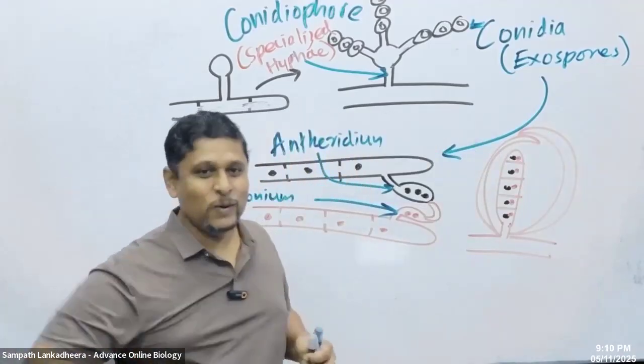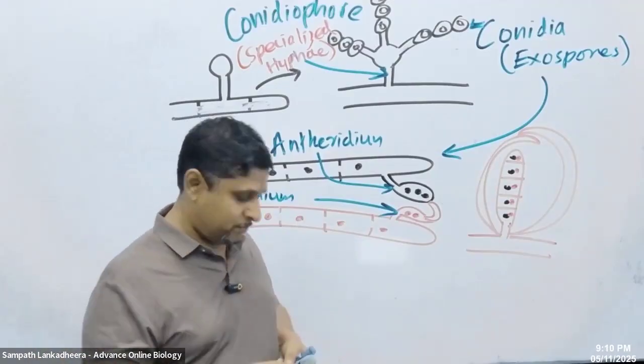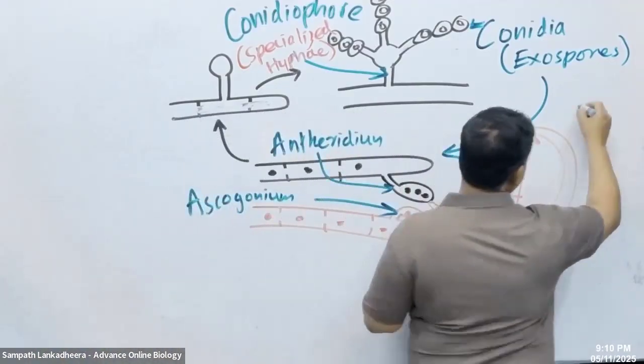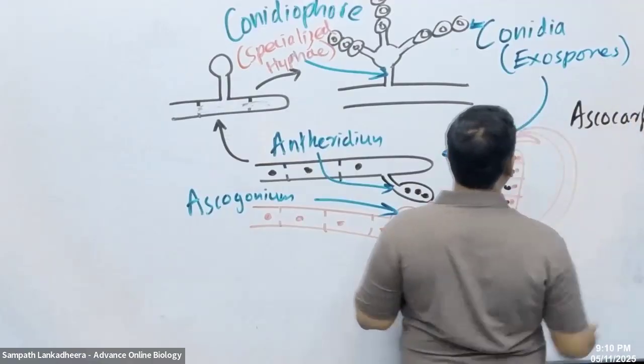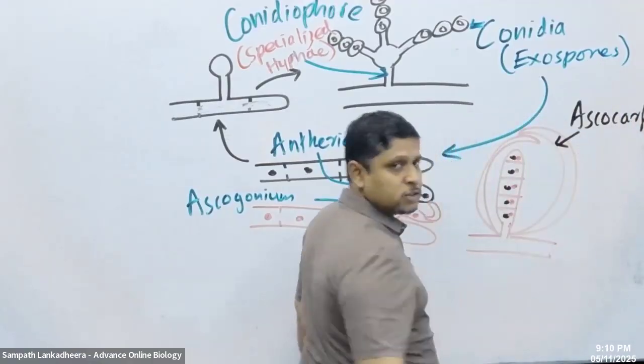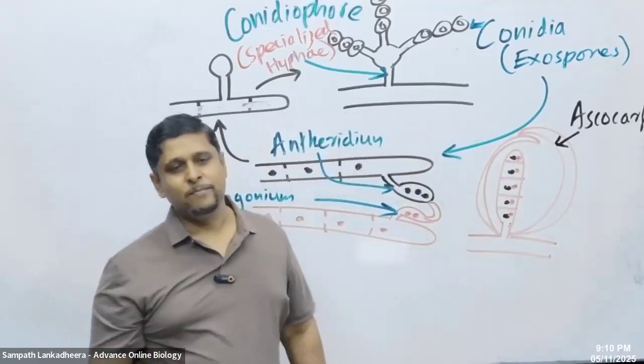So what does it form now? It forms something called the ascocarp. What do you call this whole structure, people? Ascocarp, this whole structure. And this one is a dikaryotic filament.